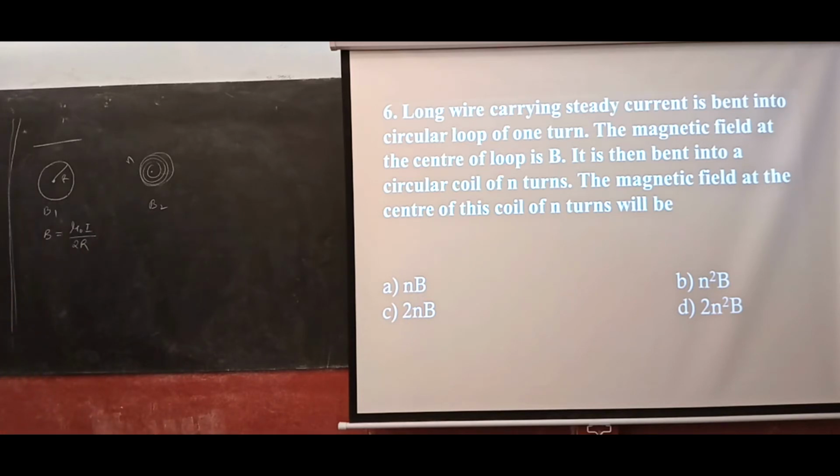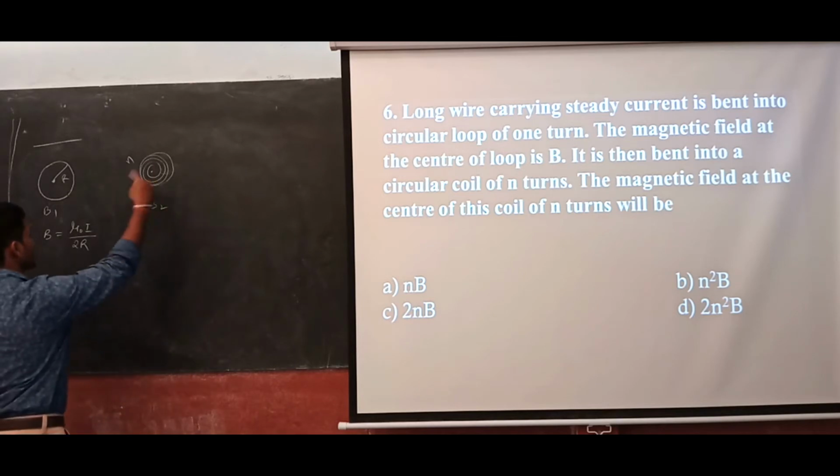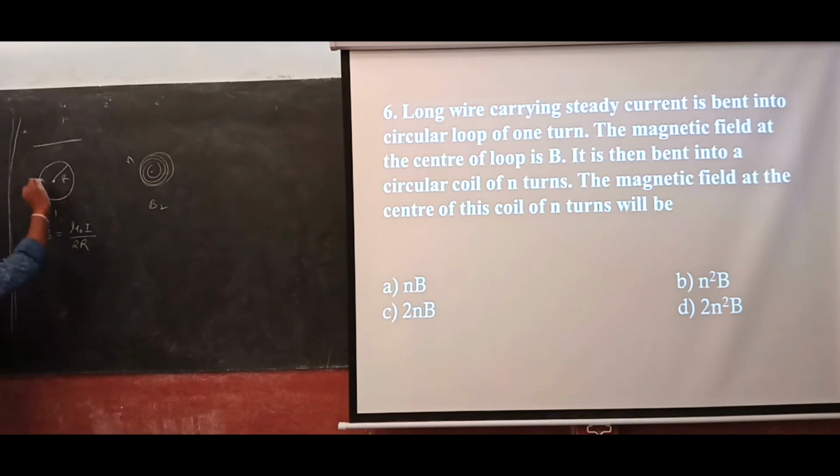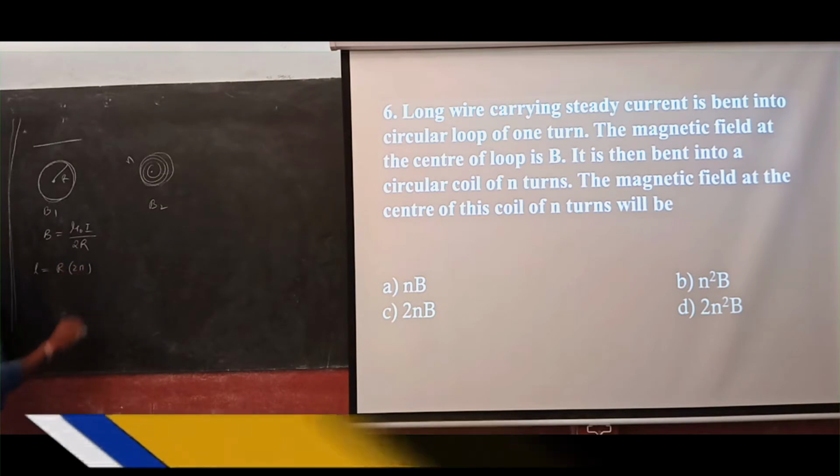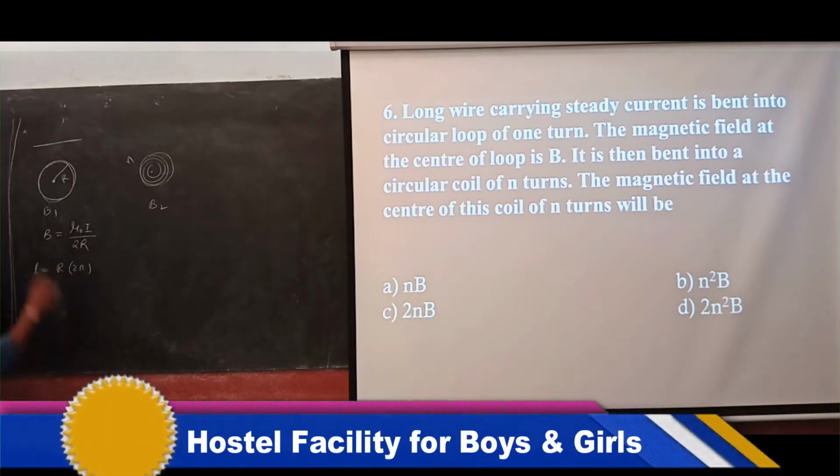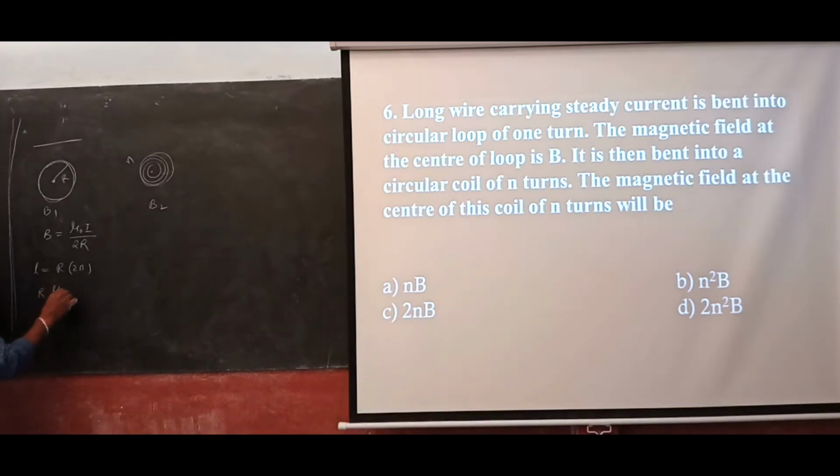So B2 will be, with N turns. Here how does it become? See, 2 pi r. So L is equal to r theta, r into 2 pi, isn't it? L is equal to r theta, L is equal to 2 pi r here. So r is equal to L by 2 pi, right?